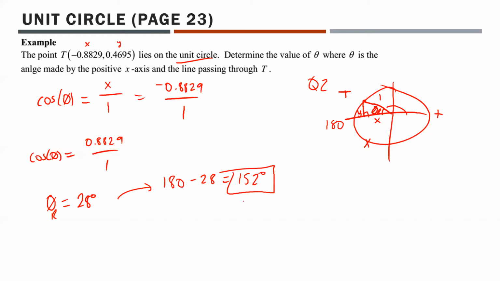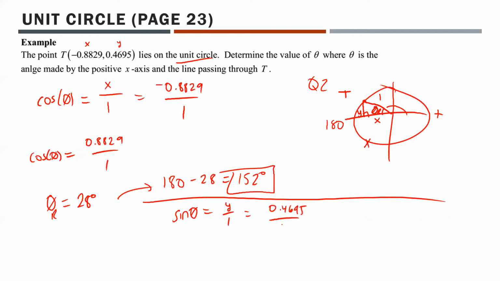If you don't want to use cosine here, you don't have to. You could also use sine, because notice sine of this reference angle down in the corner here would be opposite over hypotenuse. So you could say sine theta equals y over 1, or in other words, equals 0.4695 over 1. Now that number, the y that they gave us, is already positive, so we can use inverse trig on that, no problem.